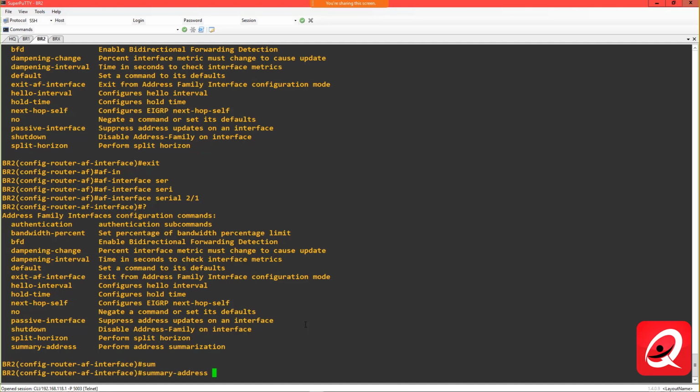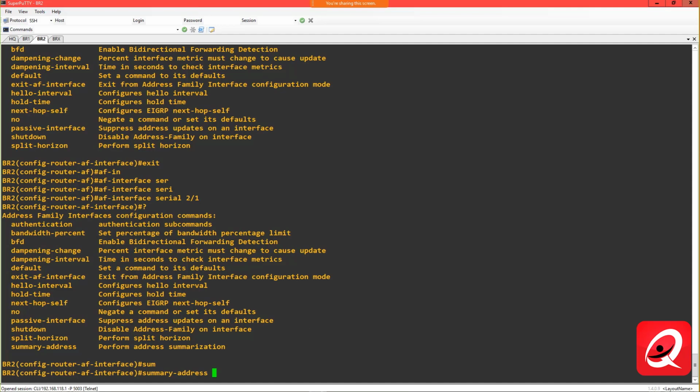Yeah, okay, so you learn something every day, all right? So apparently you cannot apply a summary aggregate to the default AF interface, so we're going to have to do this on each interface. It's kind of strange. It seems like you should be able to just knock it out, but I guess I can understand why they would be concerned about the scope of that configuration.